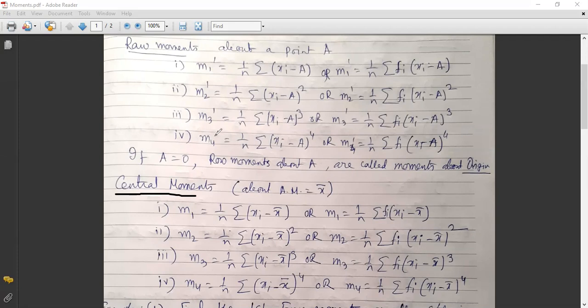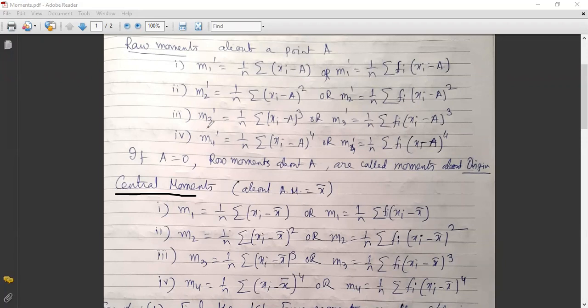Similarly, you can write m5 dash, m6 dash, m7 dash, and so on. m1 dash is the first order raw moment symbol, m2 dash is the second order raw moment symbol, m3 dash is the third order raw moment symbol, m4 dash is the fourth order raw moment symbol.